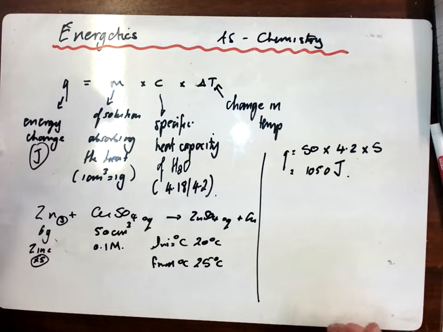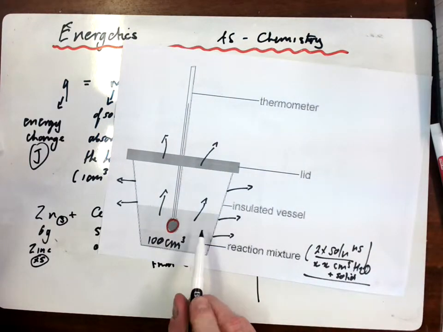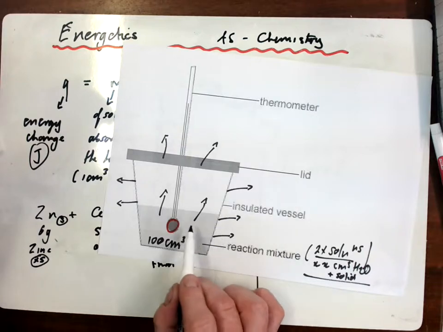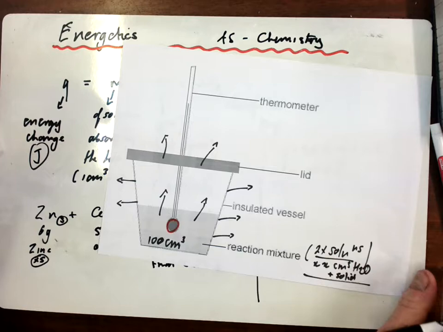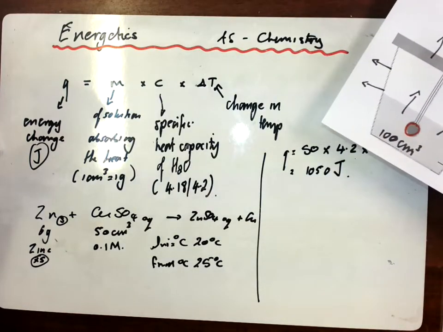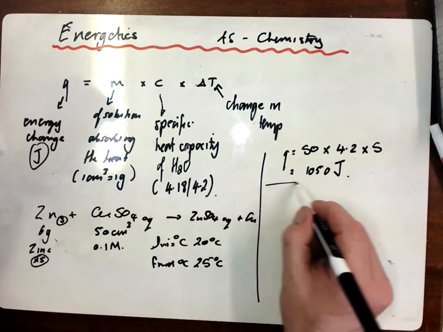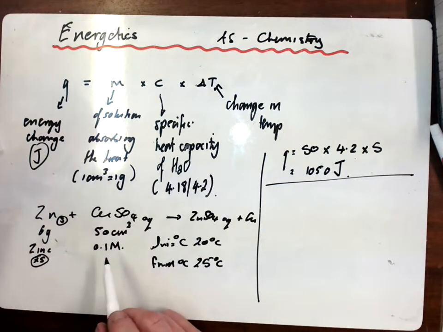So that is the amount of energy given out if I carried out that reaction: I had copper sulfate solution in here and I added 6 grams of zinc into it, stirred it up, took the temperature, and that is my Q value. But I've been asked to work it out per mole of the copper sulfate.